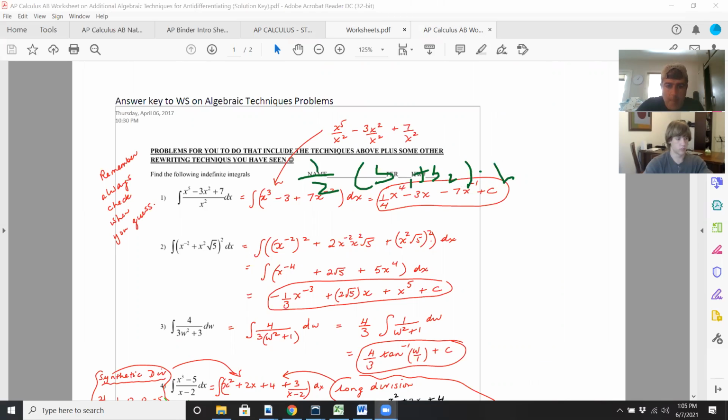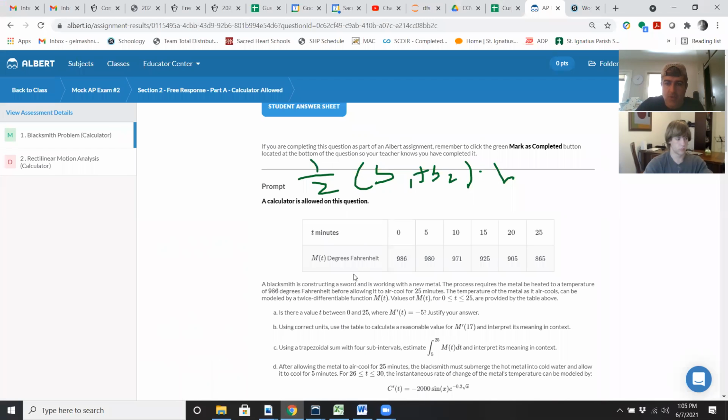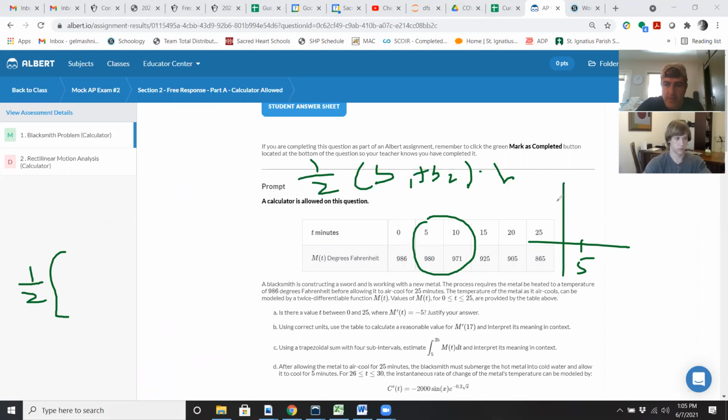Coming back here again. If you want to do that, you put the 1/2 on the outside, and you focus on this interval first. So here's 5, and the y value goes to this 980. Here's 10. The y value goes to 971.